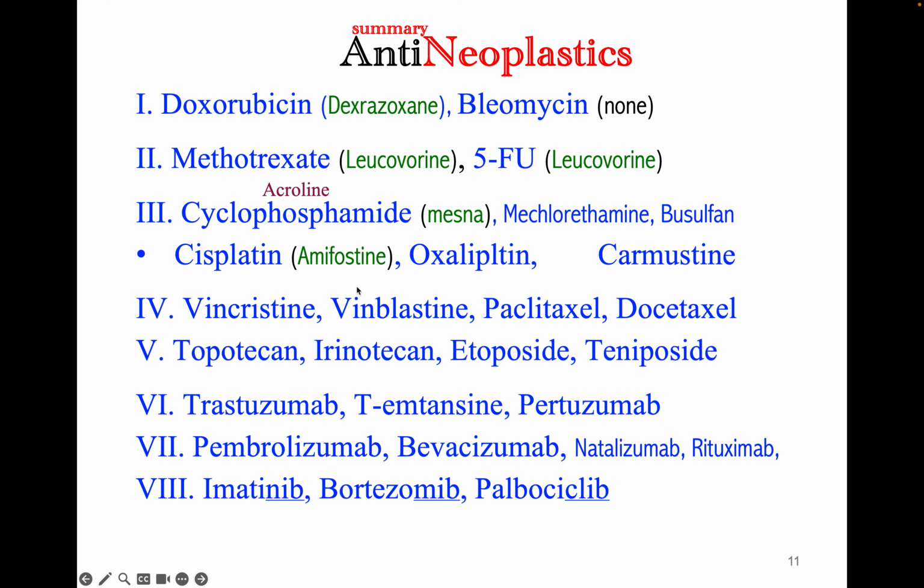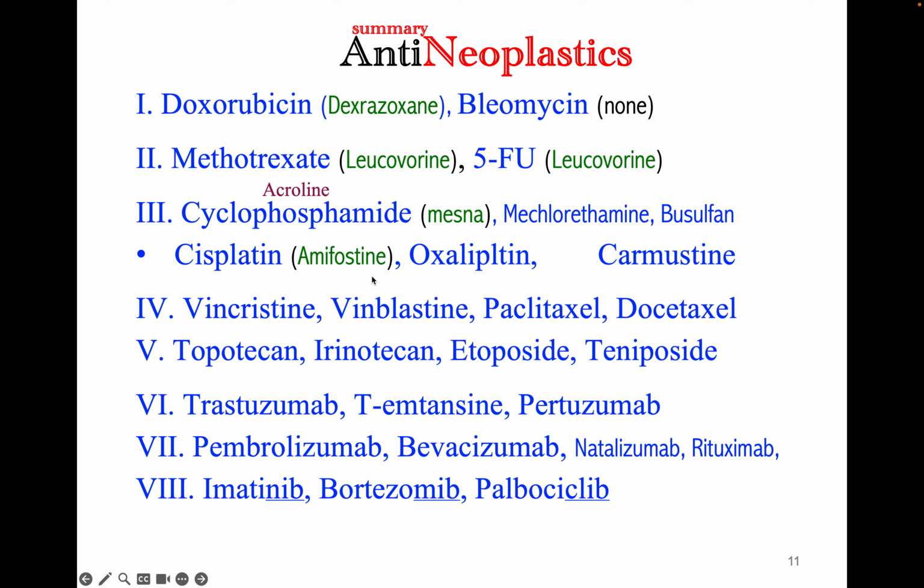If you want to distinguish, the first 2 drugs are Vinca alkaloids. They inhibit microtubule formation or mitotic spindle formation. But taxols or taxanes, Paclitaxel and Docetaxel, inhibit microtubule dissociation. Okay, these are 2 different stages of mitotic spindle formation.